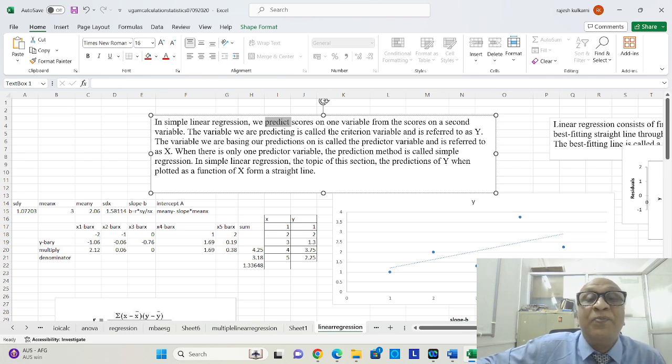The variable being predicted is called the criterion variable and is given as y. The other variable is given as x, which is called the predictor variable.